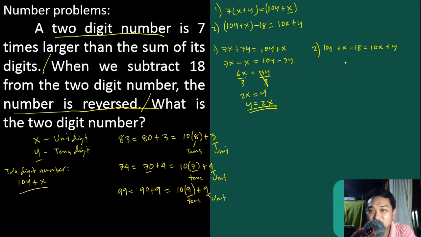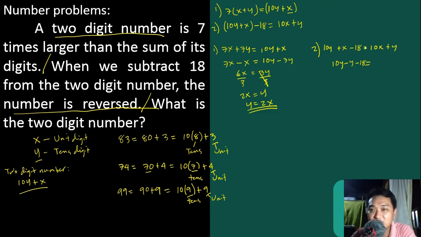So, again, ang mangyayari nito is copy 10y, then transpose this to that side. When we transpose positive y, it becomes negative y. Tapos copy negative 18.